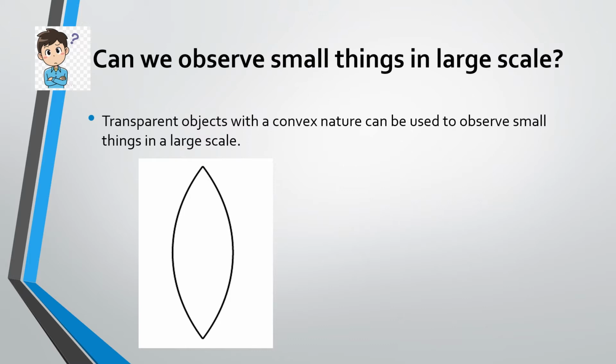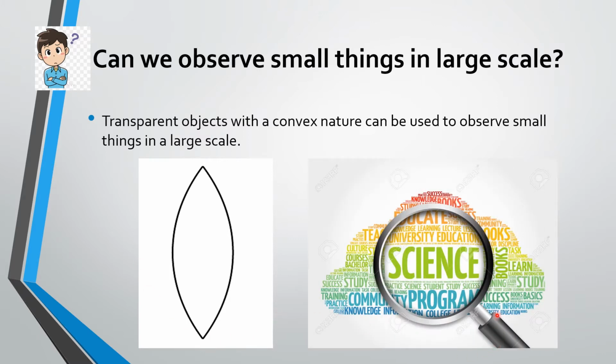So here you have the diagram of a convex lens, and here it shows how a convex lens can be used to magnify tiny things. So in this lesson you are going to see how these lenses are used in observing minute things.